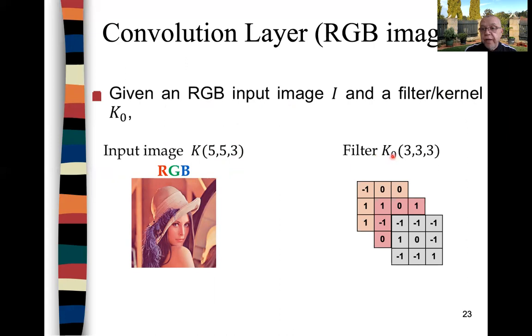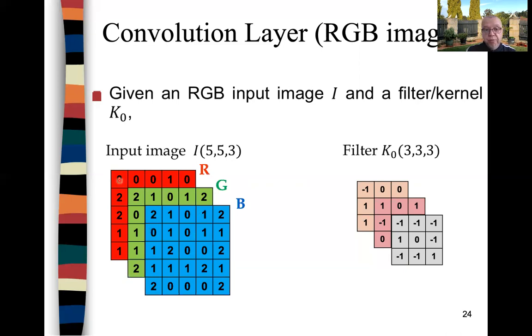And then we have a kernel, which is 3 by 3 with 3 channels again. Of course, the values for each channel do not have to be the same. They're different. So how do we do this? This is our 5 by 5 for the red channel.